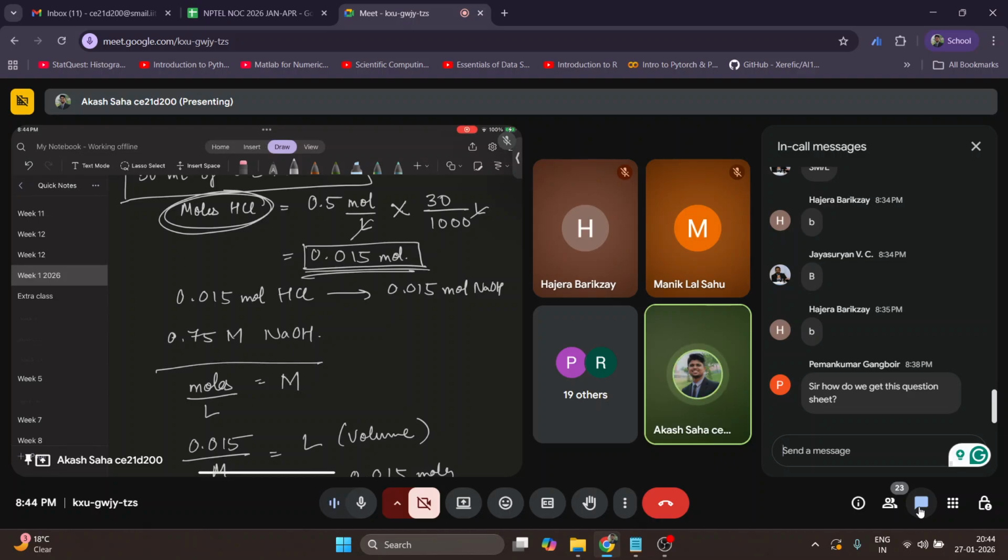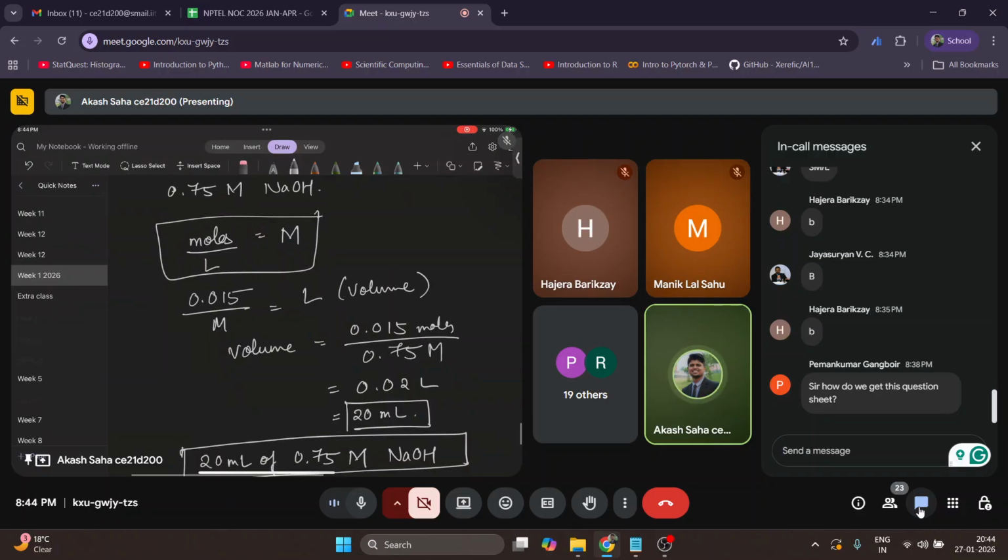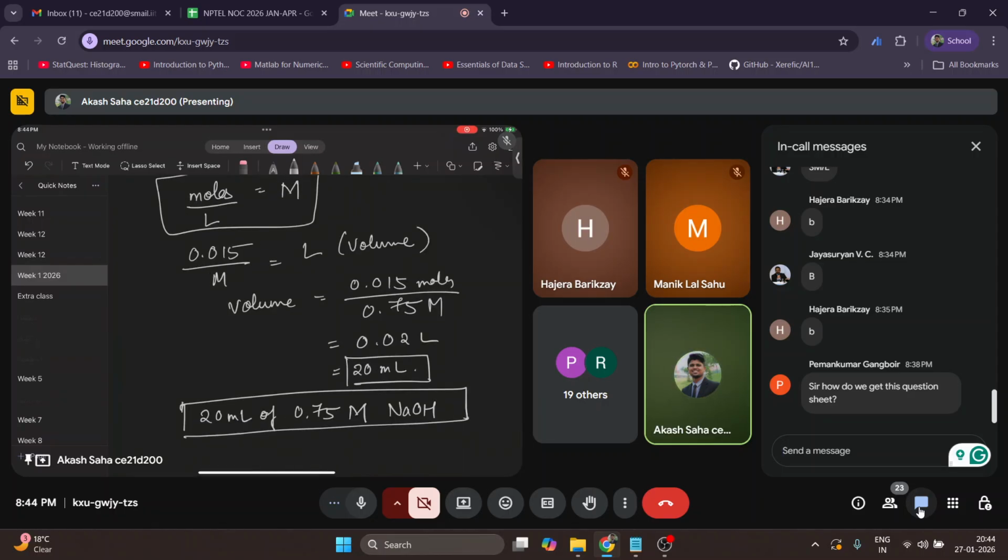Now we know the basic equation that moles per liter is molarity. If we rearrange the equation, the volume will be equal to moles divided by the molarity, which is equal to 20 ml. So this is how we have to do it.